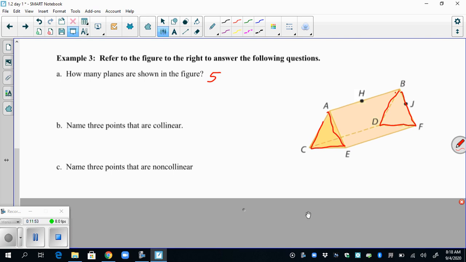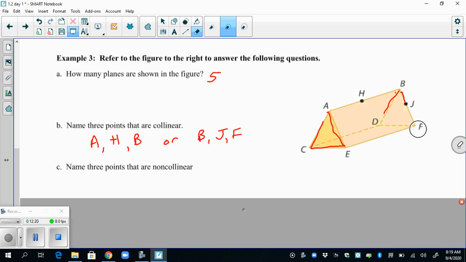B, name 3 points that are collinear. There are 2 different correct answers here. One would be the points A, H, and B, or I could answer points B, J, and F. Those would be 2 examples of 3 points that are collinear. Now, how about points that are non-collinear? There are a whole bunch of possibilities for that.